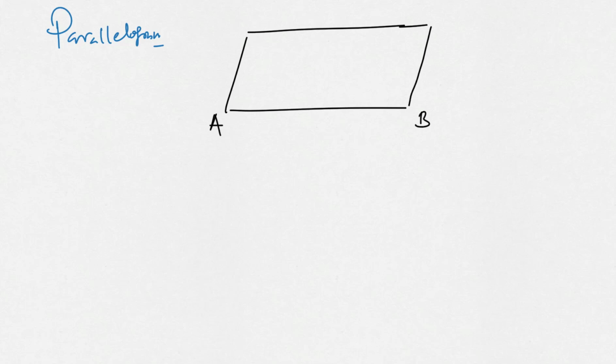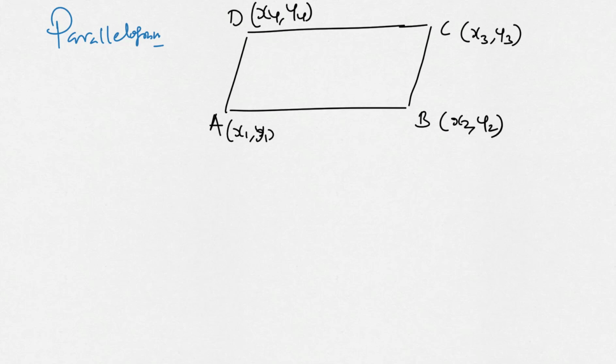A, B, C, D. Let's name it (x1, y1). This is (x2, y2). This is (x3, y3), and we have to figure out (x4, y4) in terms of x1, y1, x2, y2, x3, y3.